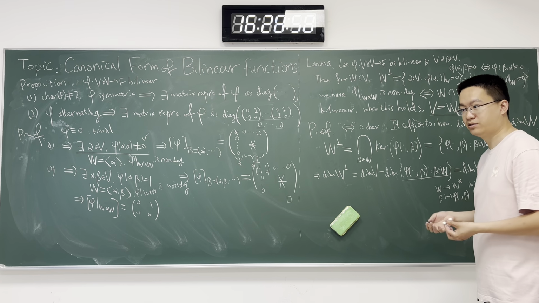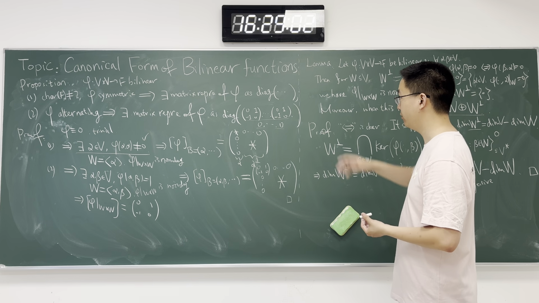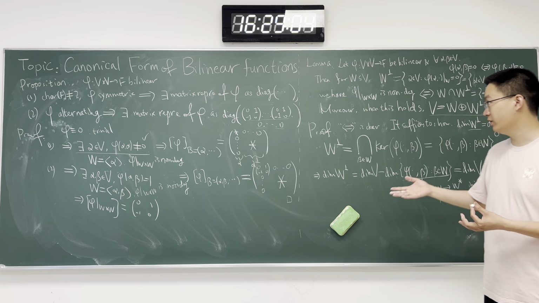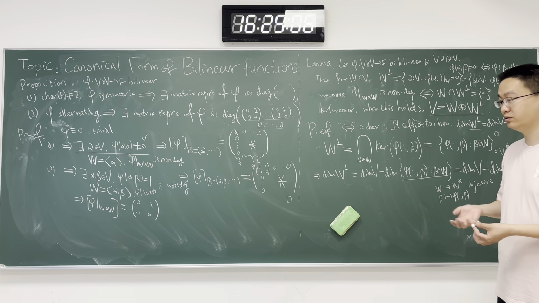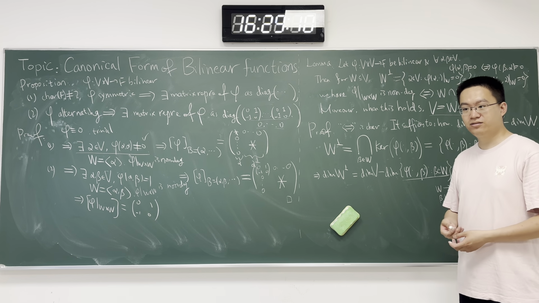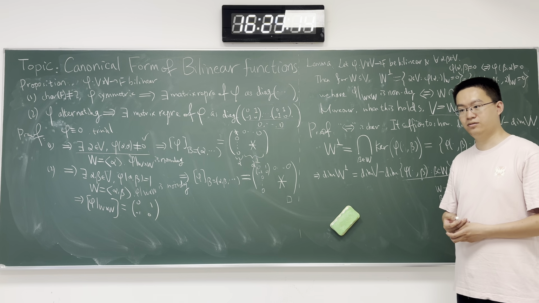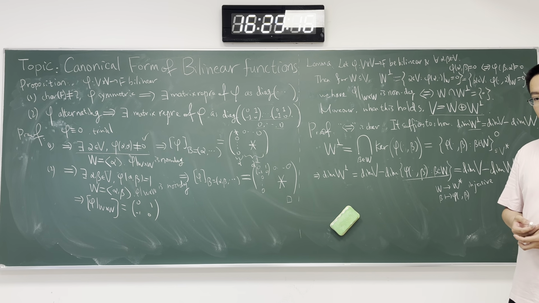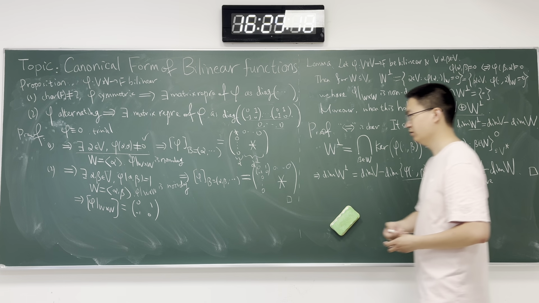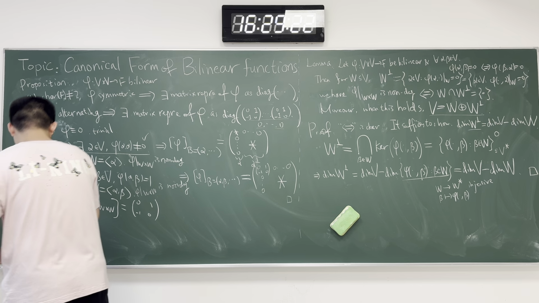So my question is, do you have any counterexamples about this canonical form of a symmetric one when the characteristic of the field is 2? So let us take F to be the field of two elements, 0 and 1, and phi to be the form 0, 1, 1, 0. Then phi cannot be put into a diagonal form.